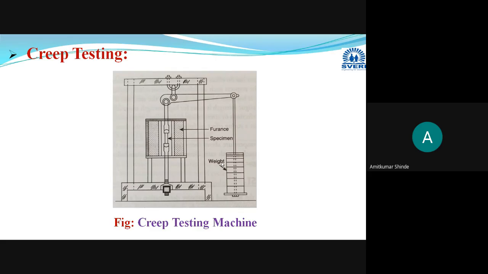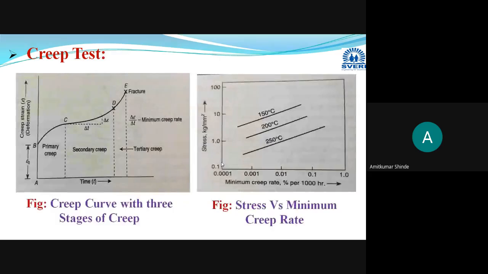By plotting the deformation, or the strain, on the y-axis, and the time on the x-axis, you end up with one curve. The curve which is obtained will be termed a creep curve or deformation curve.